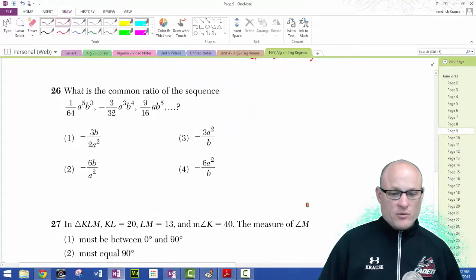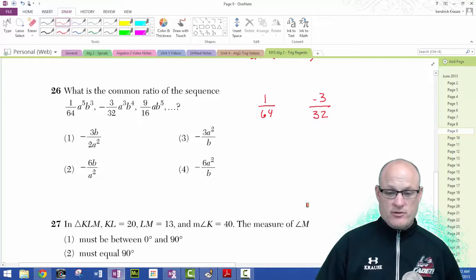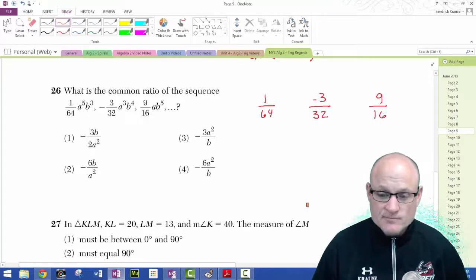All right. We got a common ratio here. So I got to figure out, first of all, how do I go from 1/64th, doing something to it, that I get negative 3 over 32. And then doing that same thing, I'm going to get 9 over 16.